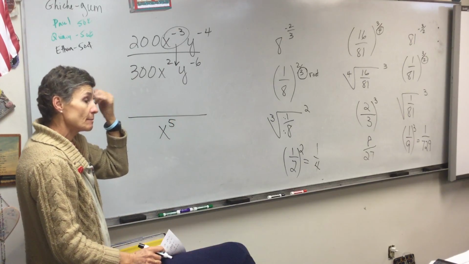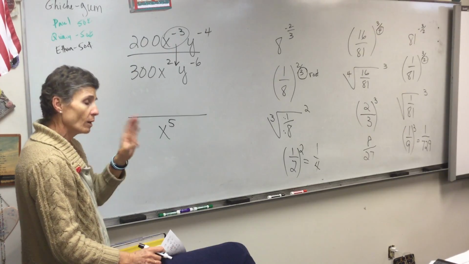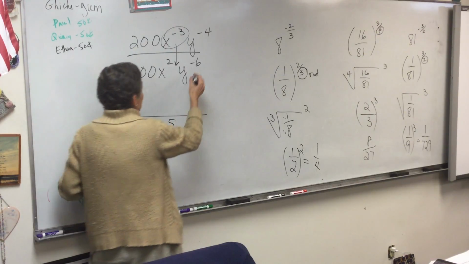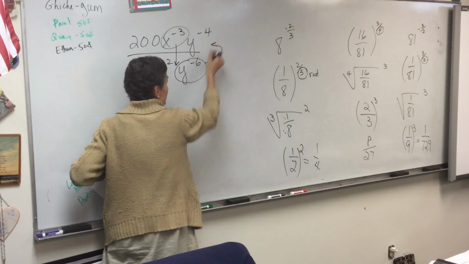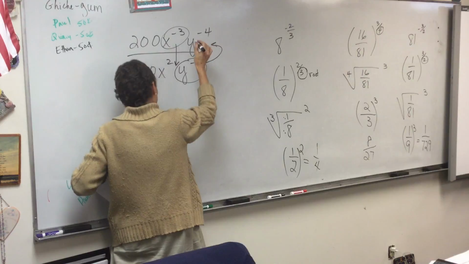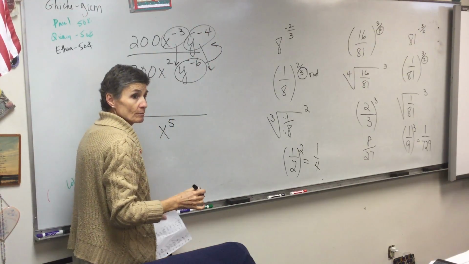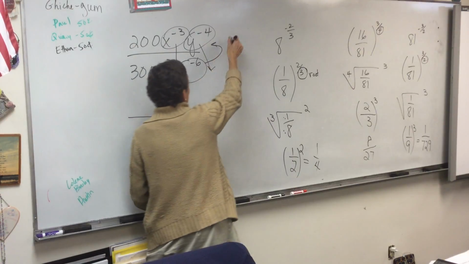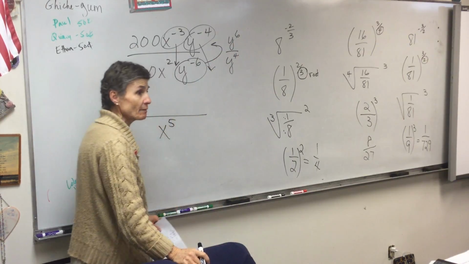Yes. So I'm doing it one step at a time. I'm not getting overwhelmed and I'm not getting anxious. One at a time. Now, oh my goodness. This one's negative, so he's gonna go to the top. But wait, that one's negative, so he's gonna come down. So on the top, I'll have 6, and on the bottom, I'll have 4. Would you agree with that? Yeah.